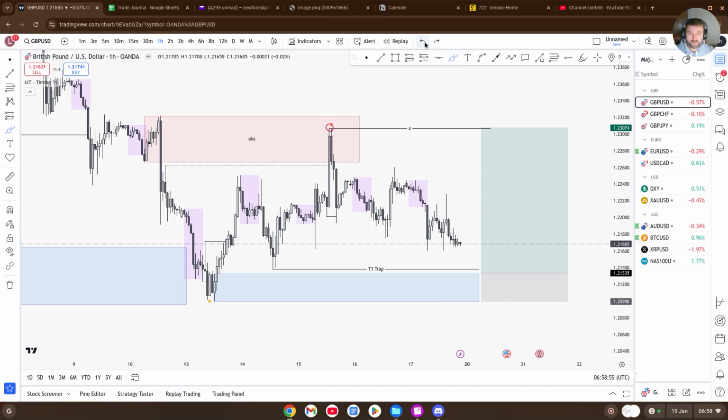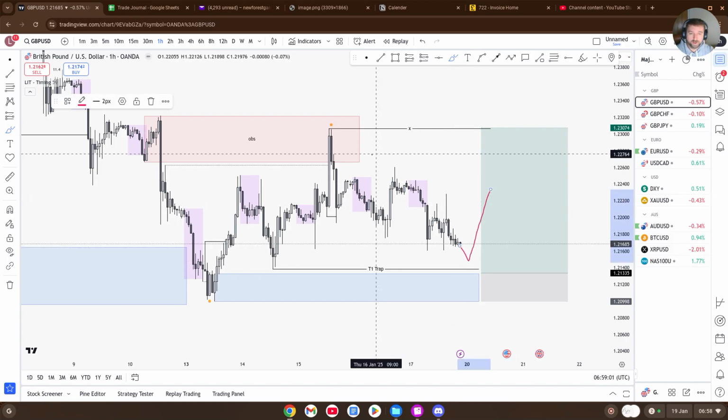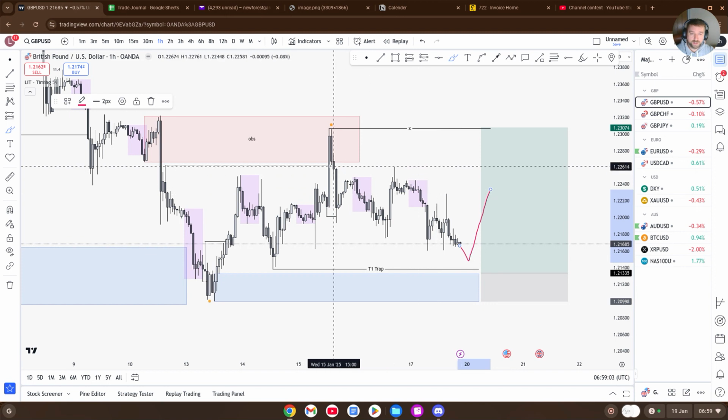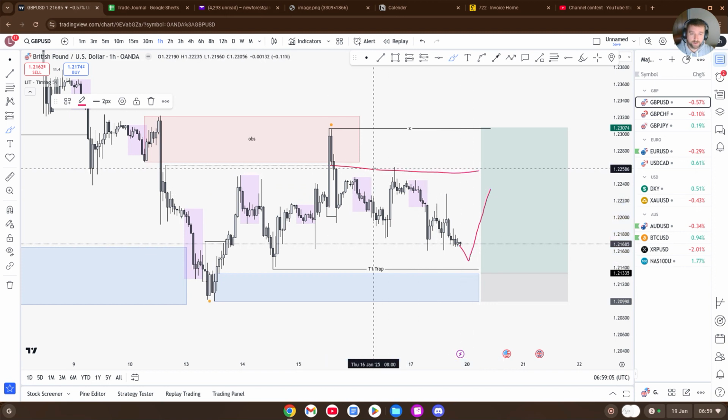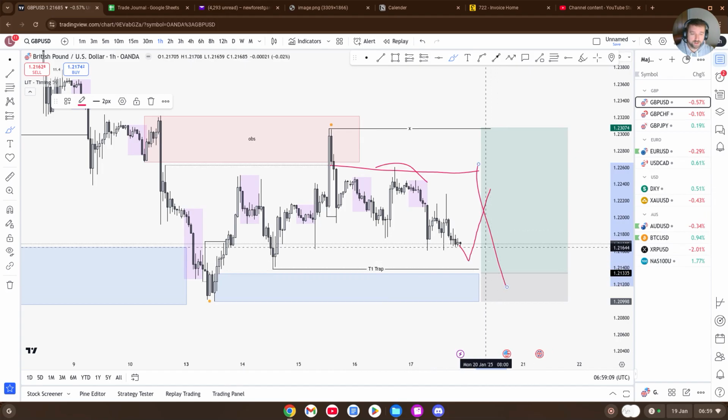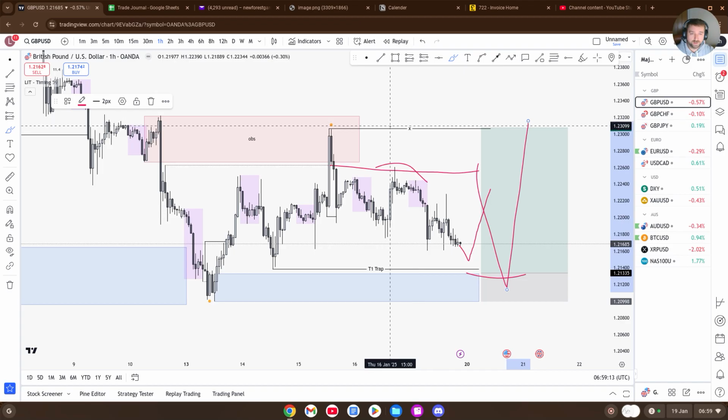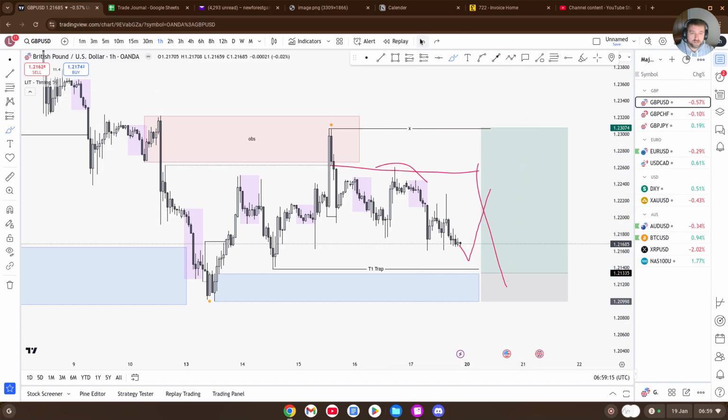So I just have to see what price does, because if price takes this, for example, and then starts pushing up, then I would be interested in taking shorts from above this to target this. But the ideal scenario is that we tap into here, and then I get longs up to there.